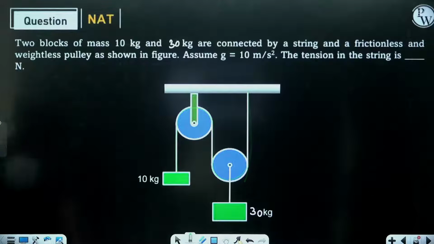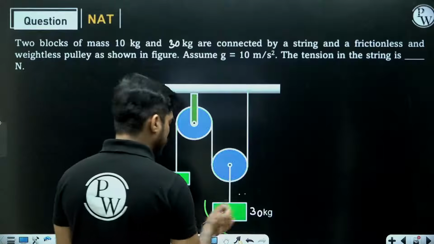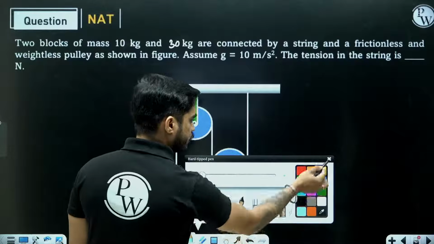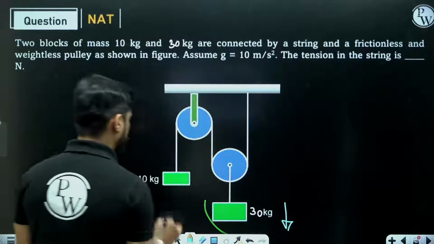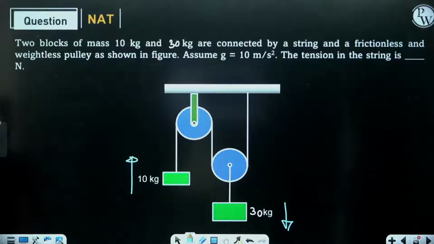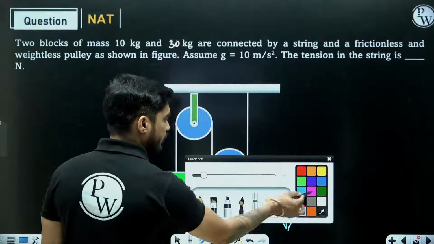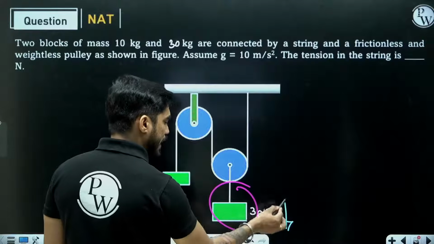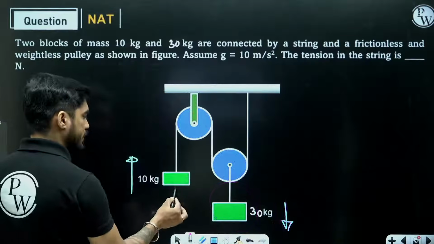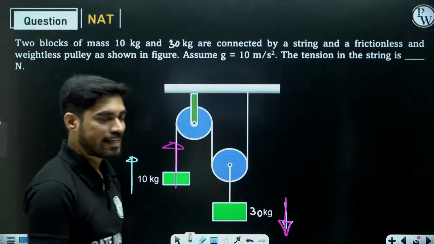So here what is happening, understand. First of all, the heavier block will move downward. This will move downward and this lighter block will move upward. So this is easy. But you will see that if I move this 30 kg block by x distance, this 10 kg block will not move by x distance, right?